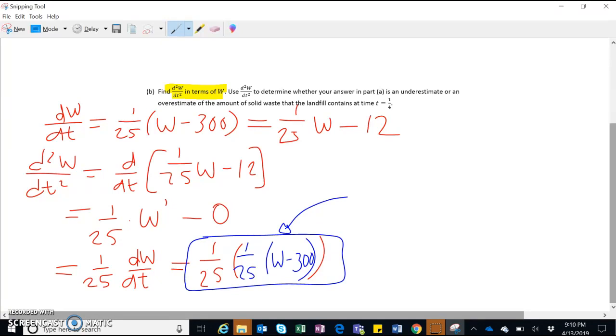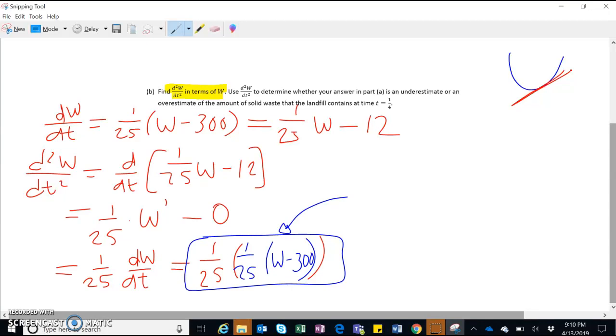And I'm taking that and multiplying by 1/25 and multiplying by 1/25 again. I'm getting a positive double derivative here, which indicates that my curve is concave up. If I draw a tangent line on a concave up curve, I can see that it's always underneath the graph in blue, generating an underestimate.